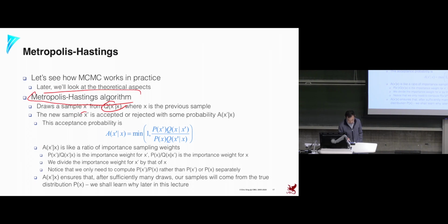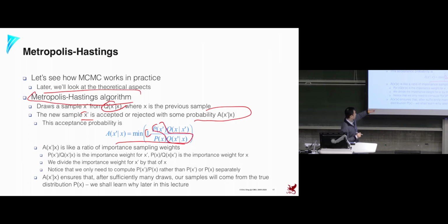And then you are going to accept this new example with an acceptance function, which is defined as this. It's the minimum between 1 and a ratio, which is the ratio defined by two types of importance.